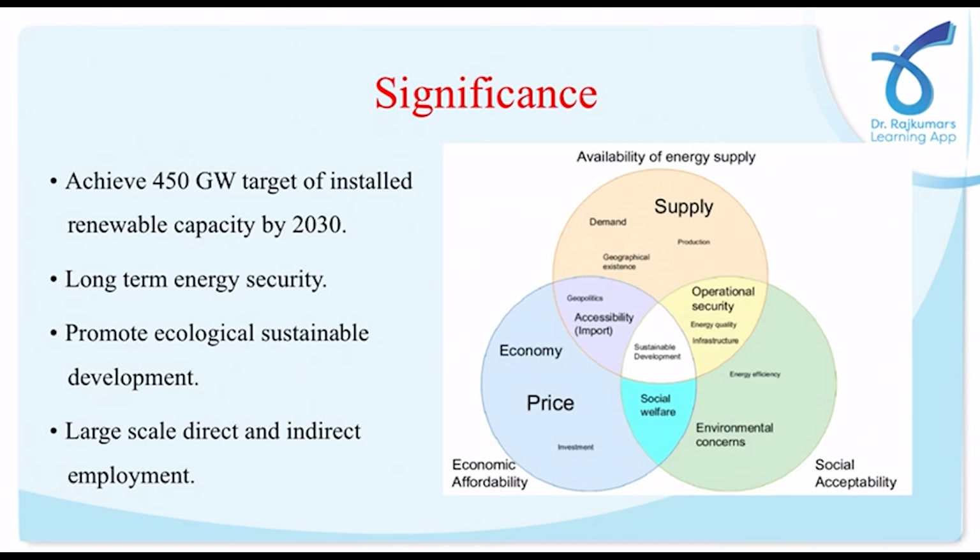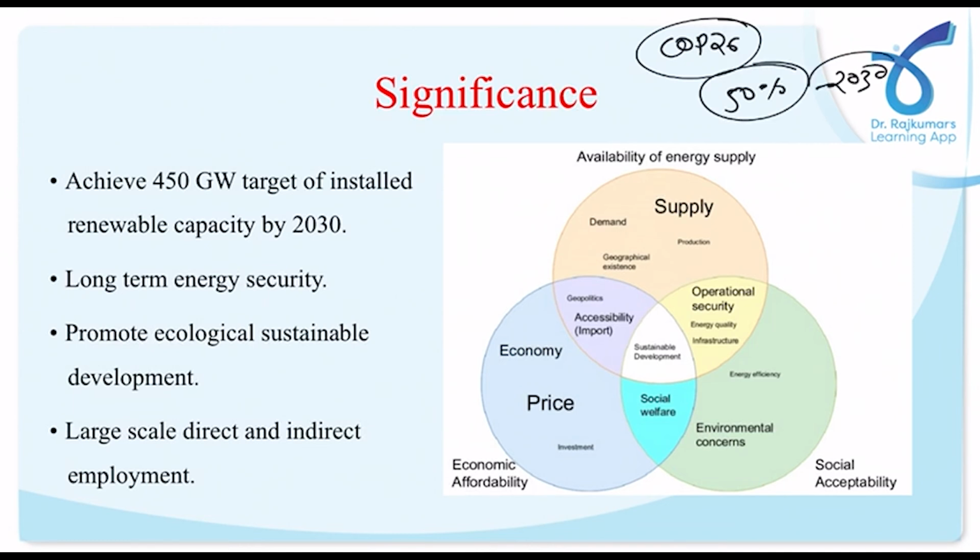So recently COP26 was held at Glasgow, and India made certain commitments with respect to clean energy at the summit. According to India, 50% of its energy requirements will come through renewable sources by 2030.